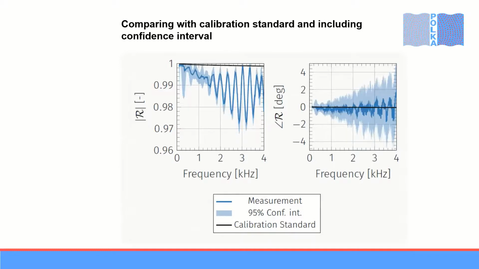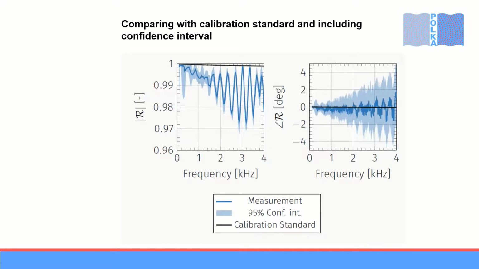So here, for instance, we can see also introducing confidence intervals. So the light blue is a 95% confidence interval, and the black curve is the calibration standard, the theory. So you can see that for the phase, which is on the right, the calibration standard is within the confidence interval by quite a far margin.